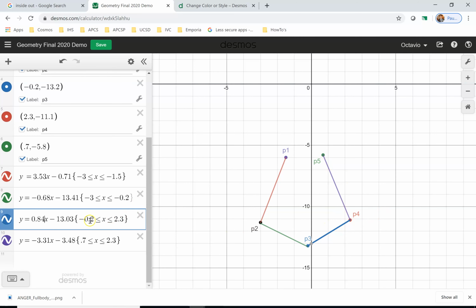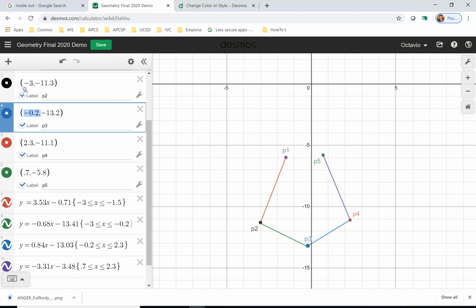Notice also that right here, this negative 0.2, that's the x coordinate of point 3. It doesn't let me click it. Point 3 is right here, right? Negative 0.2 right there.